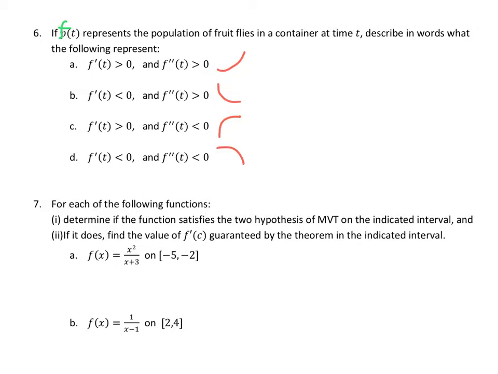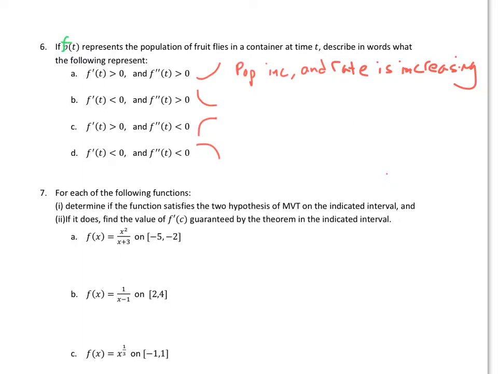So here, our population is increasing, okay? And we might say that it's at quicker rates, okay? So the population is increasing and the rate of increasing is getting larger. Well, here, population is decreasing, all right?